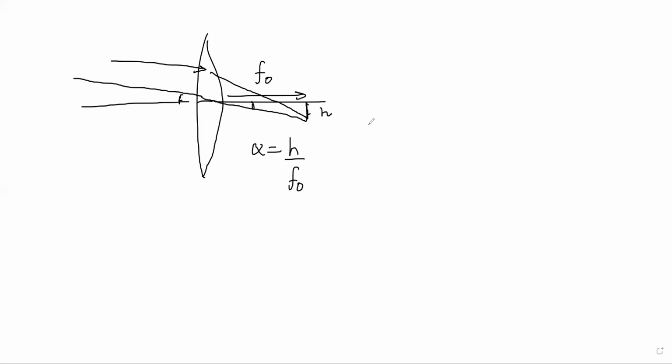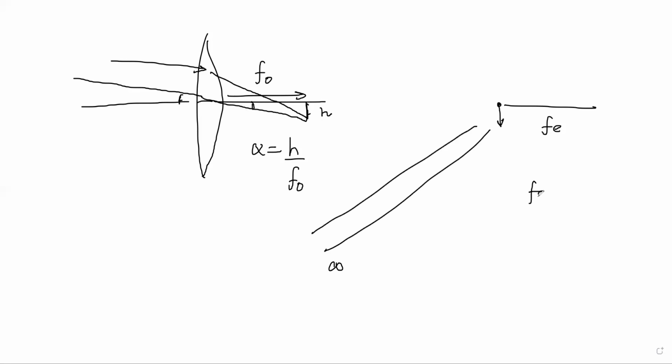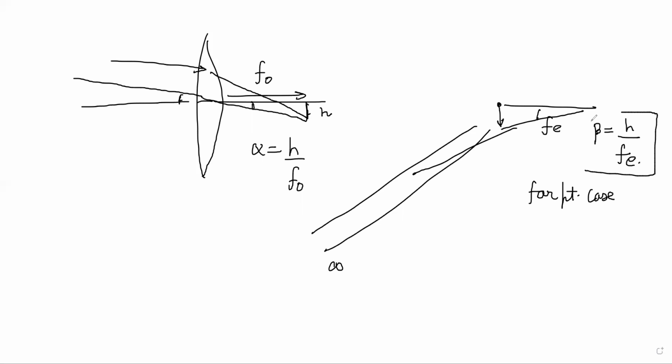Now for beta, you have two cases. One where this image was at focus and the final virtual image was at infinity. That is the far point case, and that angle, beta, would have been H by Fe, right? And the other case would be when it is not at focus.